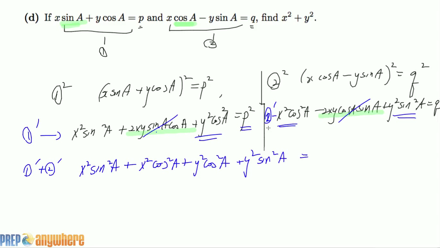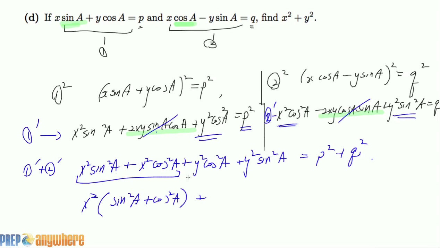On the right side, we're going to get just p squared plus q squared. Okay, so look, these two have an x squared term inside. We can factor that, and what we end up with is exactly 1. The same thing's going to happen there as well.